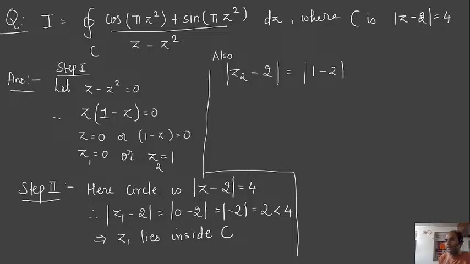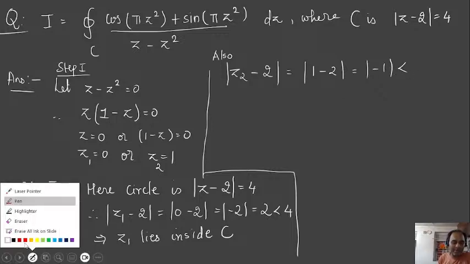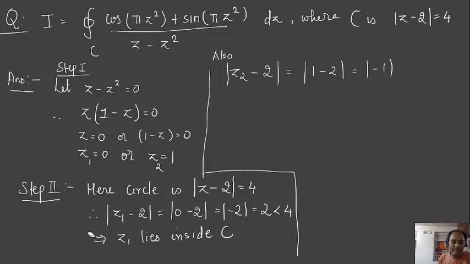It has to be less than 4. So let us see what we get. Minus 1 is less than 4. Mod of minus 1 is 1, right? So mod of minus 1, which is 1, is less than 4. Therefore, we write z2 lies inside C. 2 points are inside C.